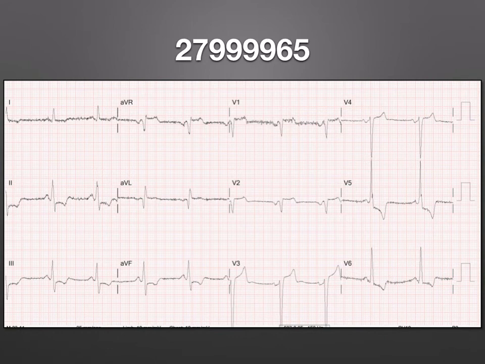You can have a weak EKG, not a non-diagnostic EKG, but a weak EKG as long as you have a strong story. You can have a weak story as long as you have a strong EKG. You just can't have both weak. Weak story, no chest symptoms, no symptoms that we can really get ACS out of, and a weak EKG. It's the combination of the two.